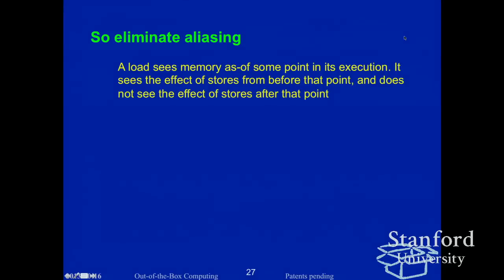Loads see memory as of a snapshot in time. All stores which take effect prior to that snapshot in time, it can see. All stores which take effect after that snapshot of time, as far as the load is concerned, do not happen. The mill defines that loads see memory as of the mill's retire cycle, not where the load operation itself is issued, but where it retires.